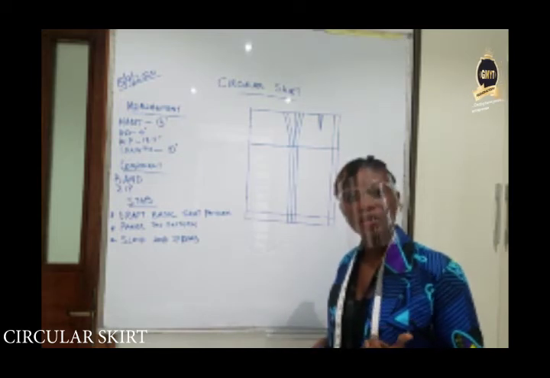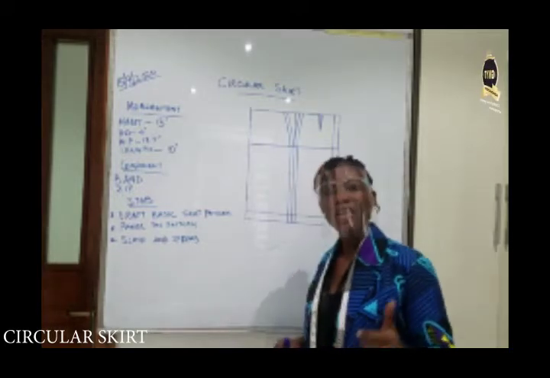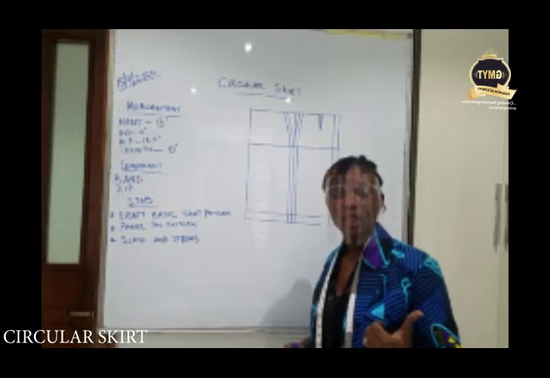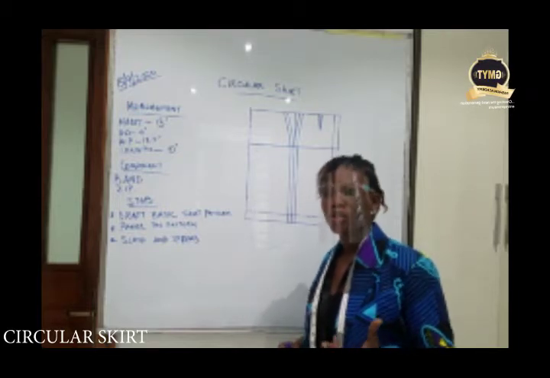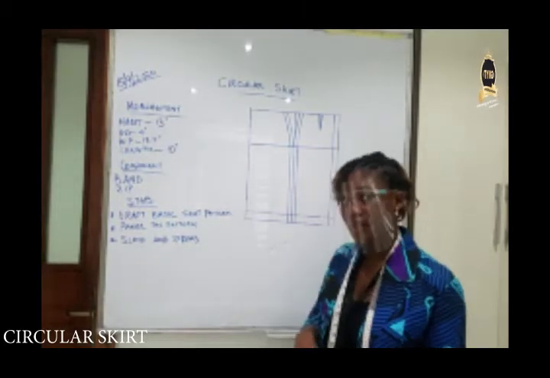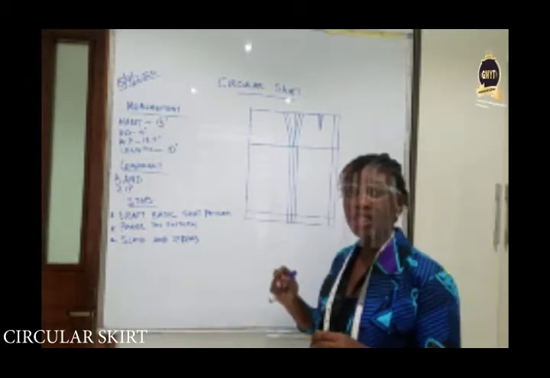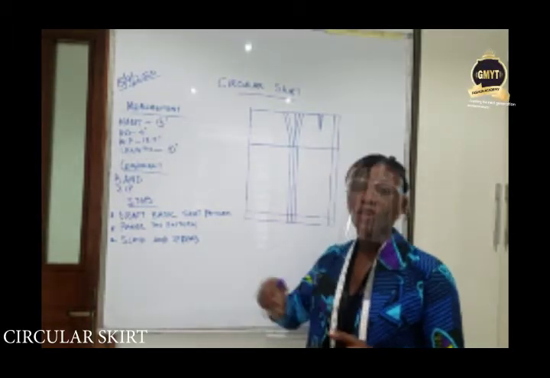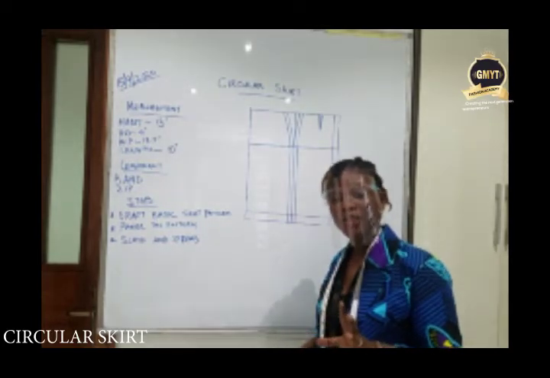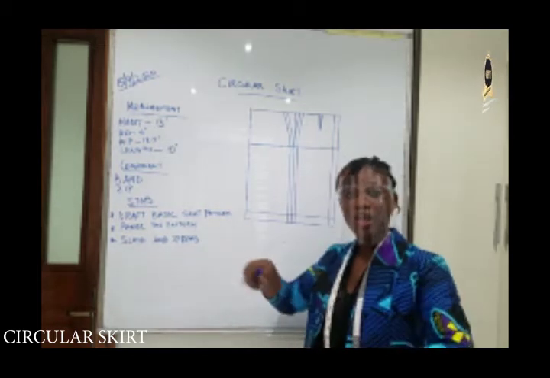Our last week's topic, we did the handkerchief skirt. I used the formula in achieving the handkerchief skirt, so you can go through the video. The difference between the handkerchief skirt and the circular skirt is that the end area of a circular skirt is even, like you have the roundness even all round. But the handkerchief skirt is not even, it's asymmetric because it has angles.